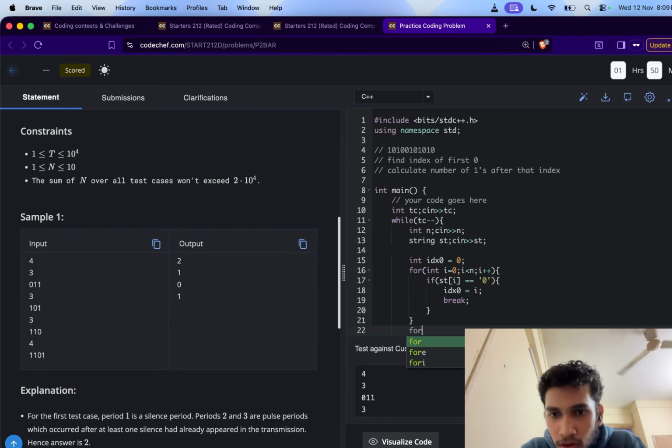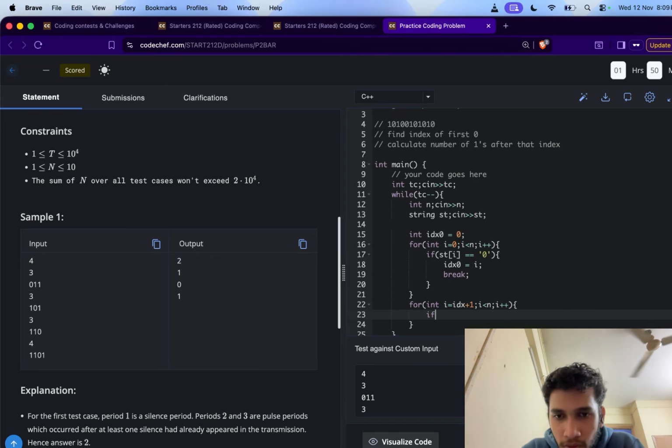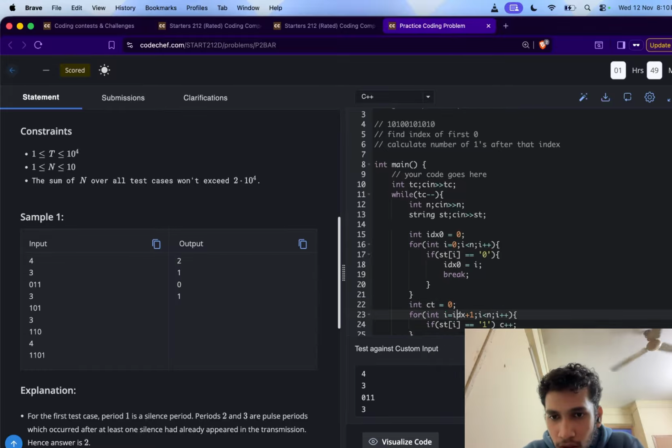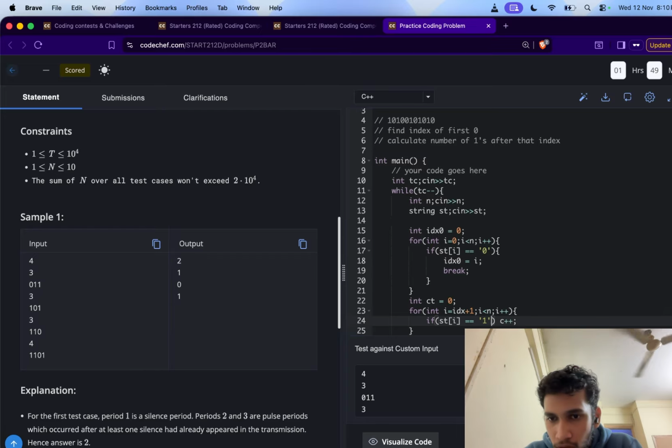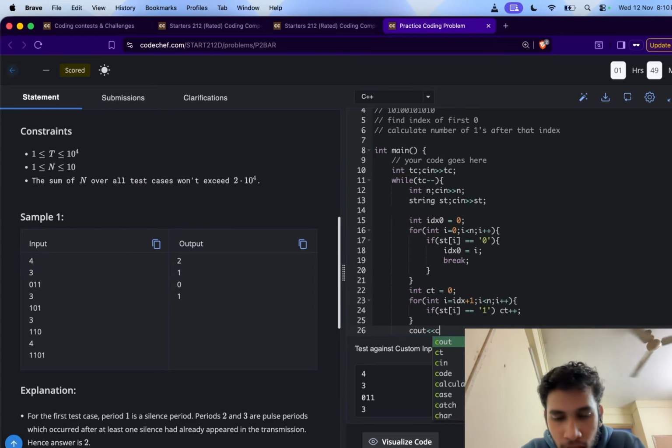Now iterate from idx plus 1 up to n. If it's a 1, increase the counter by 1. Initially the counter is 0. That is it.